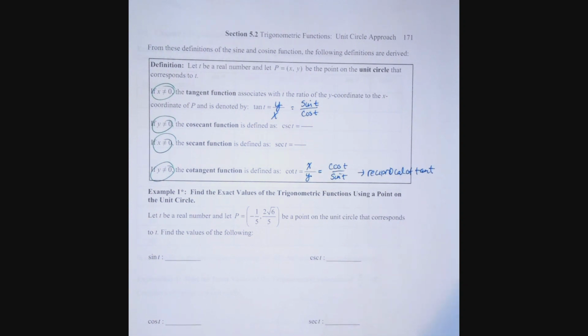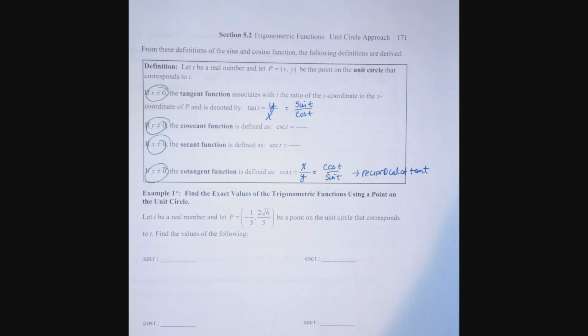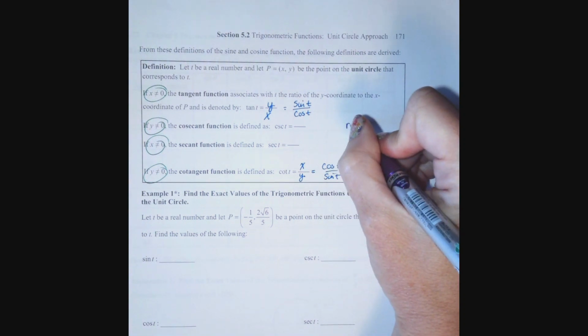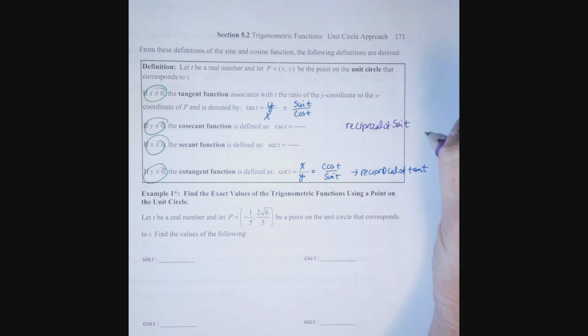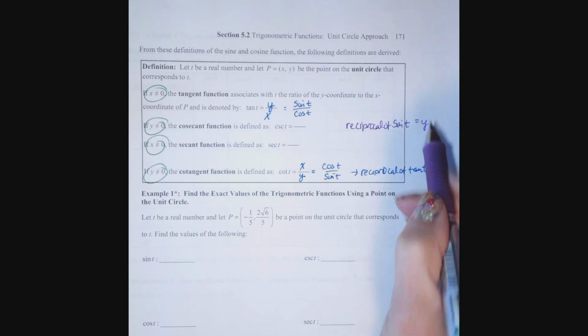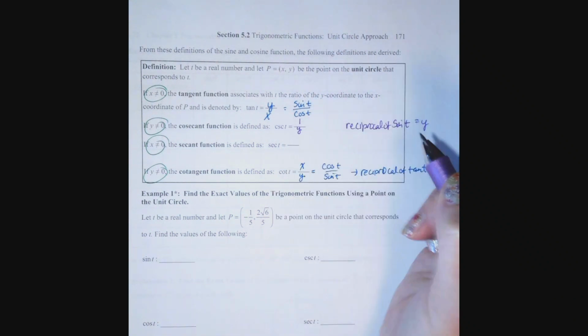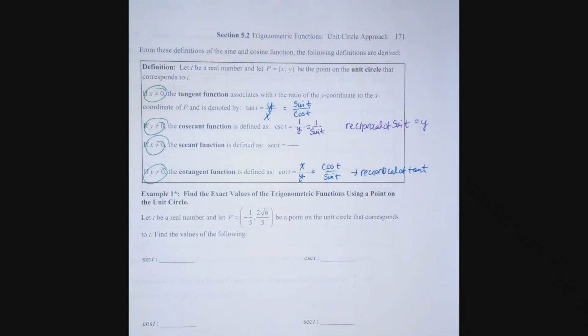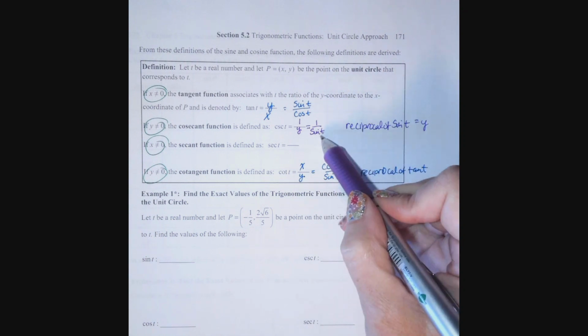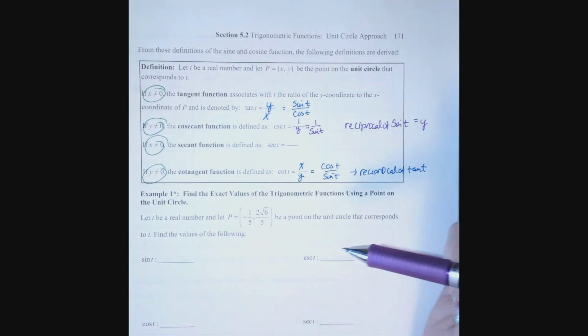Now, cosecant is the reciprocal of our sine function. Let me go ahead and write that out here. Reciprocal of sine t. Now, sine of t is y. So the reciprocal of that, cosecant, is going to be 1 over y, or 1 over sine t, which means I am undefined if y is 0.